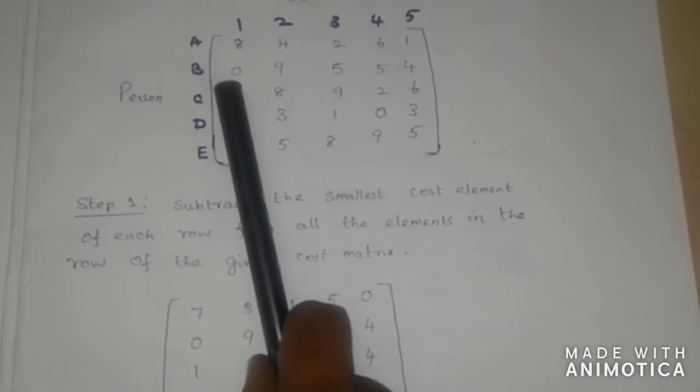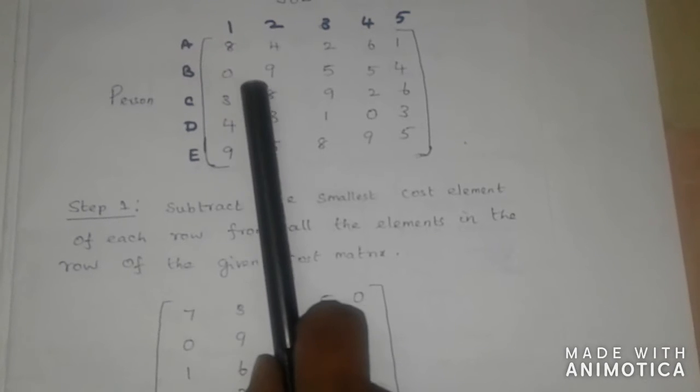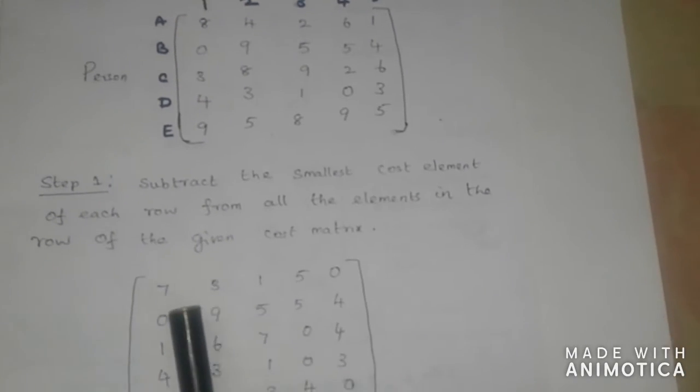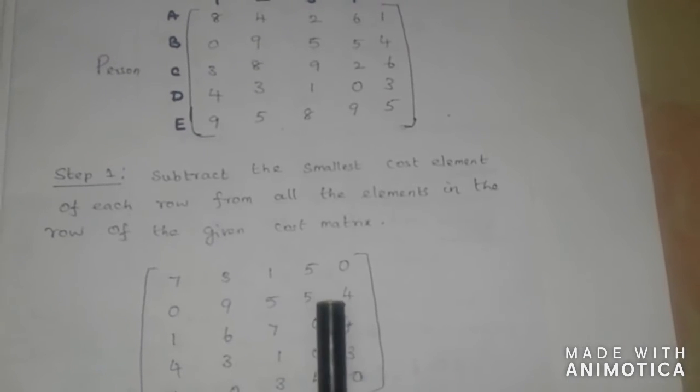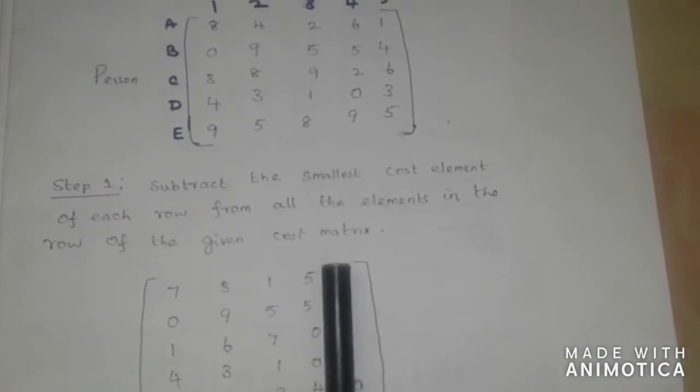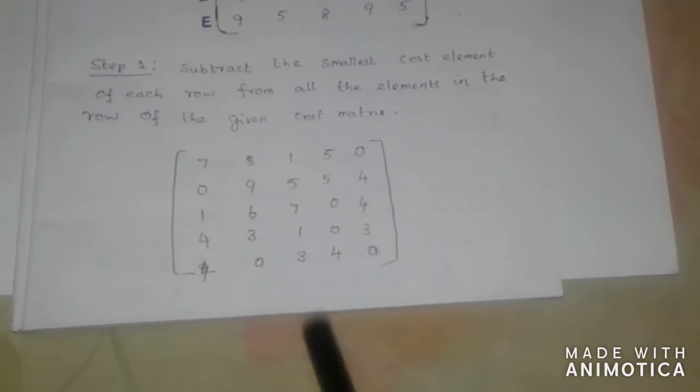Similarly, in the second row, 0 is the smallest element, so when we subtract 0 from all the elements of that row, the row is the same: 0, 9, 5, 5, 4. Similarly, we subtract 2 from the third row, which is its smallest element, 0 from the fourth row and 5 from the fifth row, because in the fifth row 5 is the smallest element, and we get this matrix.